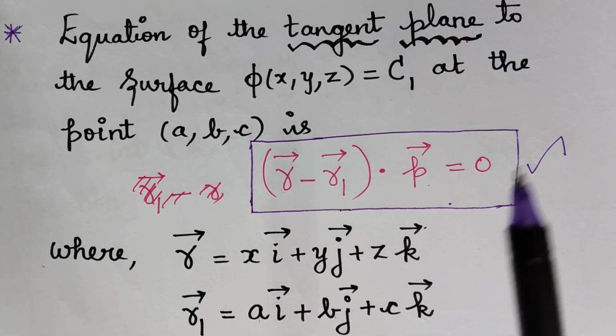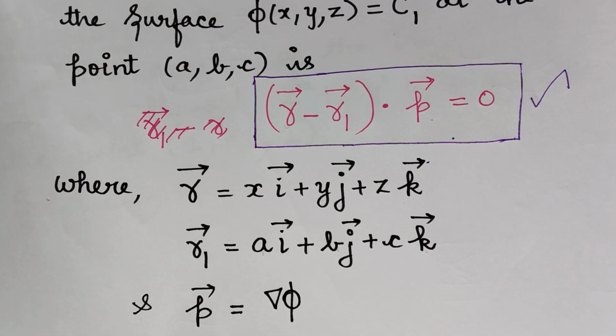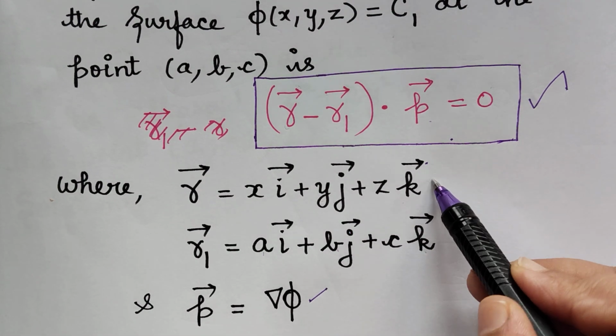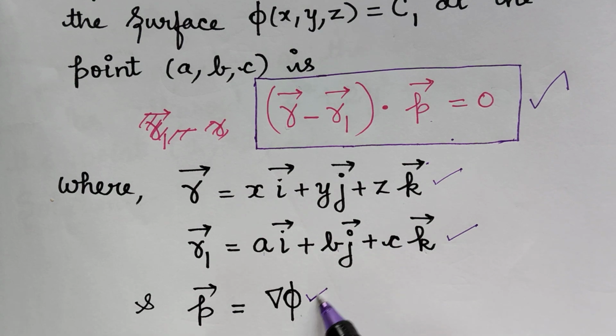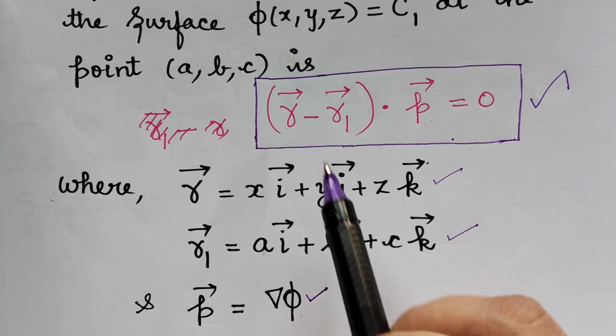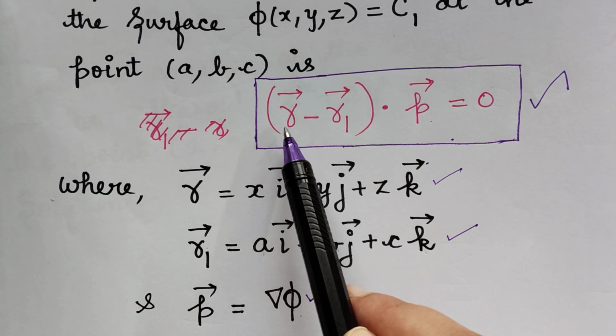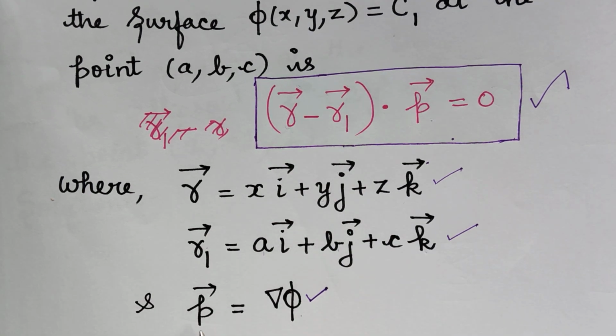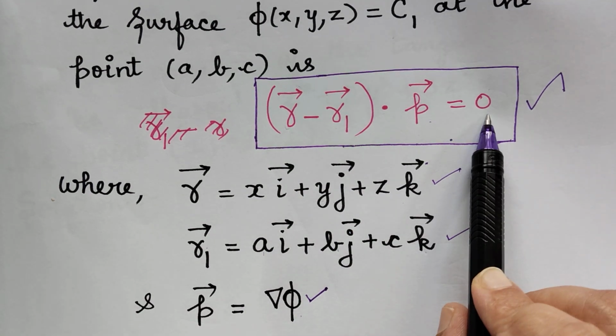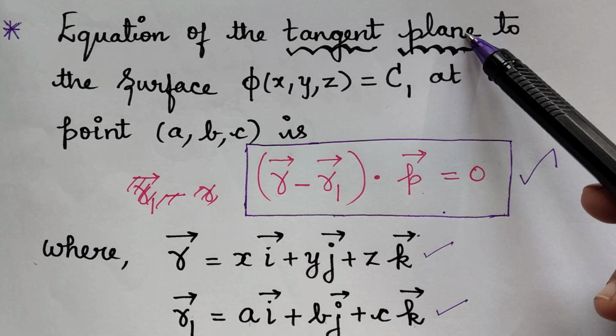And what is this p vector? P vector is nabla phi. So this is r vector, this is r1 vector, and p vector is nabla phi. When we subtract r1 vector from r vector and take a dot product with this p vector and equate it to 0, we get the equation of the tangent plane.